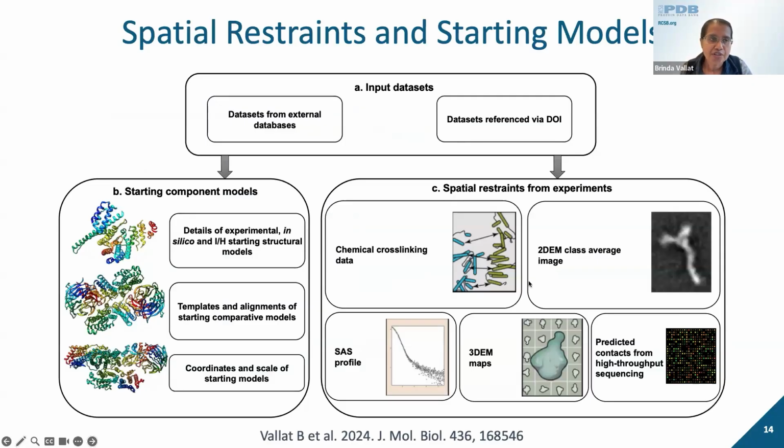If you have structure models from AlphaFold, include that information. And if you have data from cross-linking that is in a resource like PRIDE at EBI, or SAS from SASBDB, we include that source information so that we can have provenance, and we can also use that for validating the structure models.